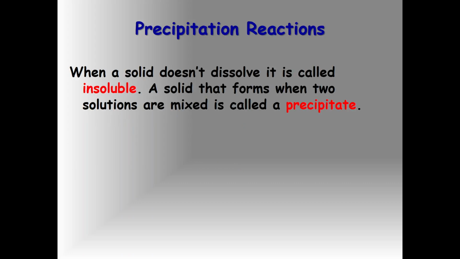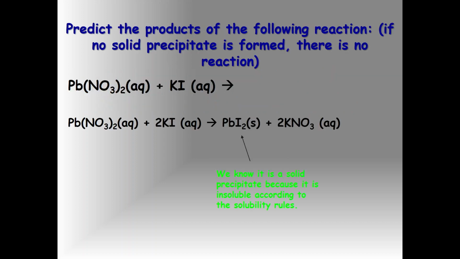When a solid doesn't dissolve, it is called insoluble. A solid that forms when two solutions are mixed is called a precipitate. So, if there is no solid precipitate, the reaction usually doesn't occur, because we need the reaction to stop.